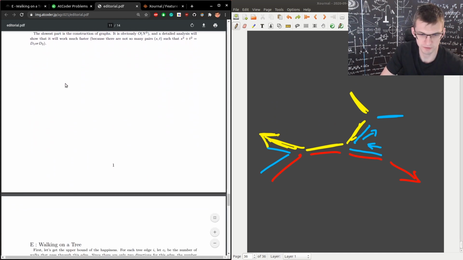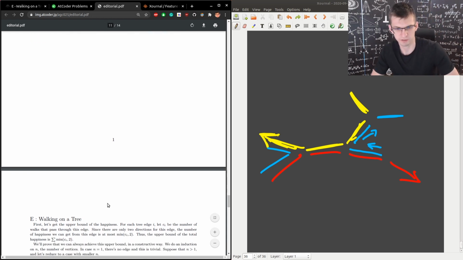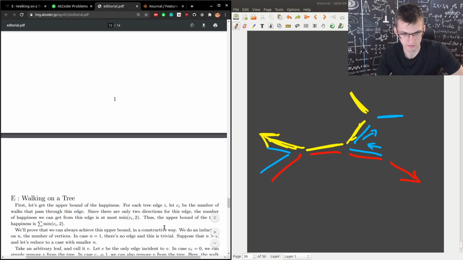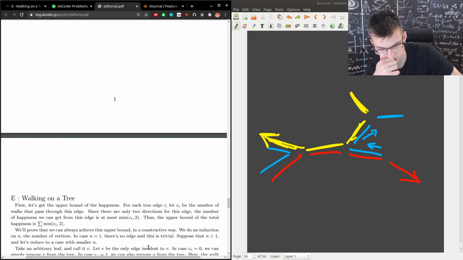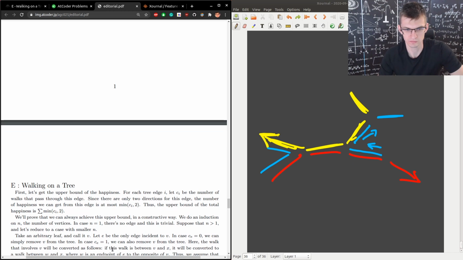Let's get the upper bound of happiness. That's obvious. We'll prove that we can always achieve this upper bound in a constructive way. Take an arbitrary leaf and call it V. Okay, so find any leaf with only one edge.